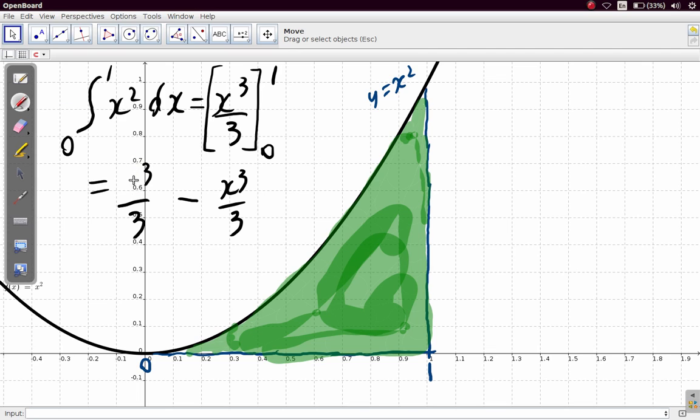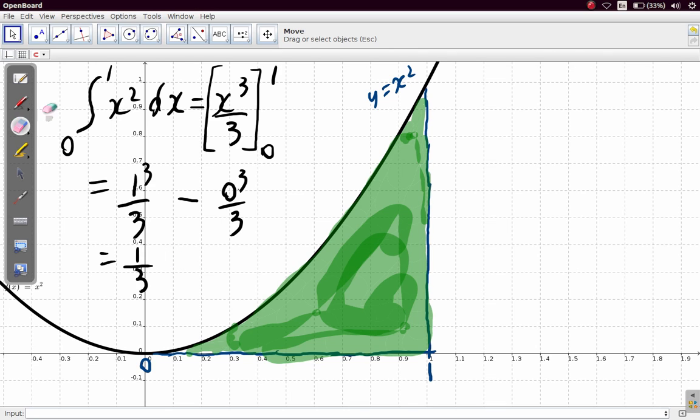So the upper boundary is 1, so let's get rid of this x cubed and put 1 cubed. So it will be 1 cubed divided by 3, minus the lower boundary is 0, so we put 0 cubed over 3. Here 1 cubed is 1 divided by 3, minus 0 cubed is 0 over 3, which is 0. But you don't really need this.